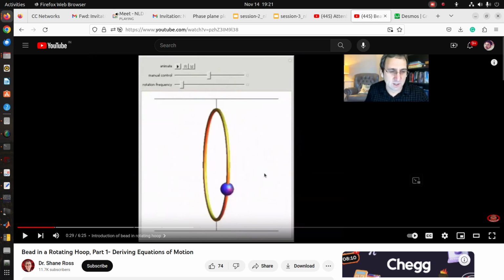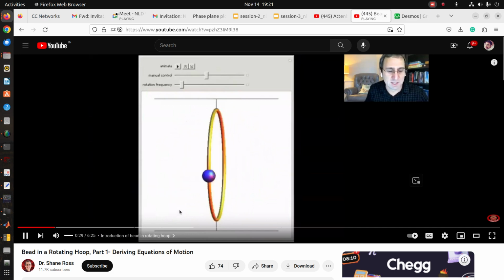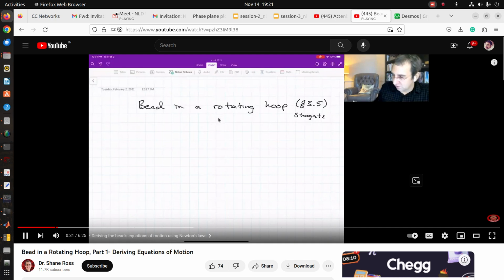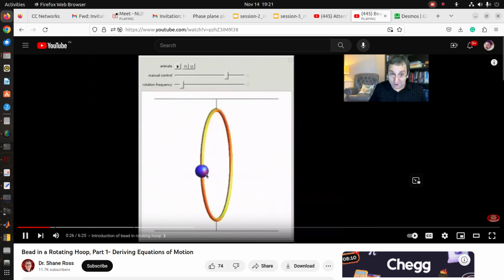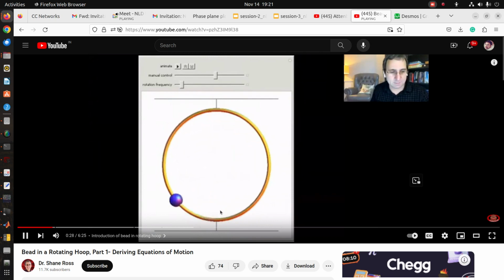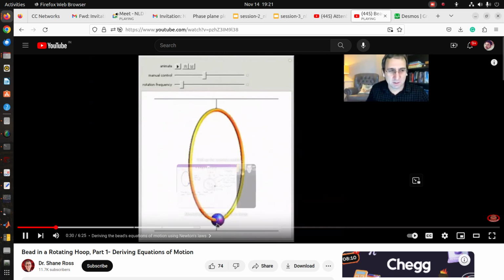So are you able to get the question, what we are trying to do in an overdamped bead? You have an angular frequency omega, and you have a bead sitting on a thing which is frictionless. Now when you are rotating it at certain frequencies, is the bead stable at any particular position, or is it stable every time at the bottom?